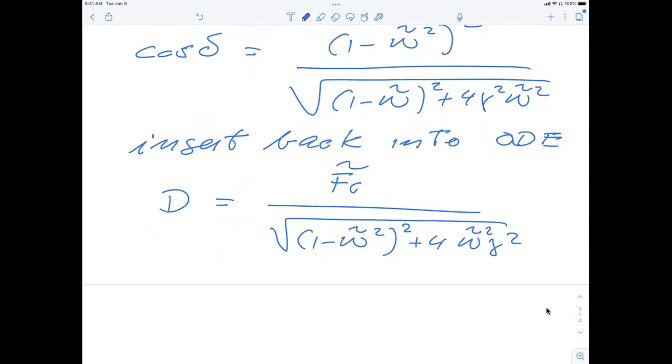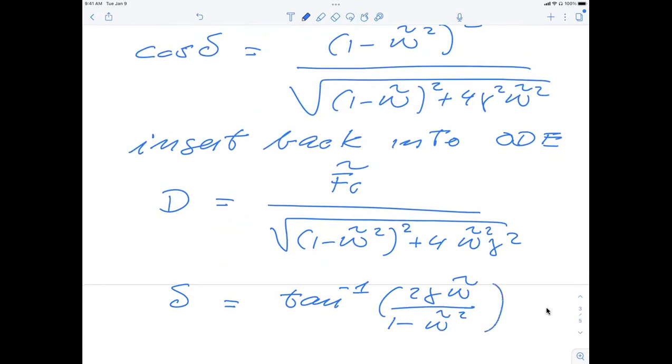And that means we can also find this delta. This is just the tan inverse of 2 gamma omega divided by 1 minus this omega tilde squared. So that means that we have a way to determine the particular solution in terms of the constants of the differential equation.